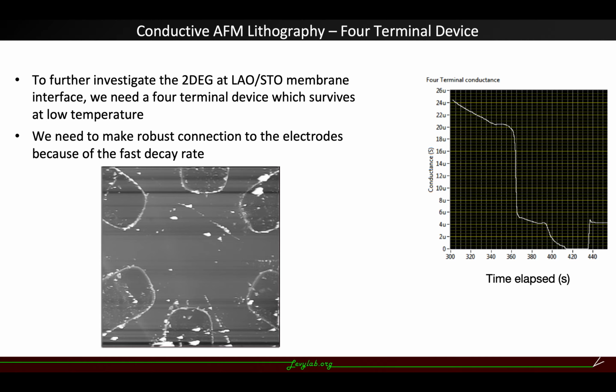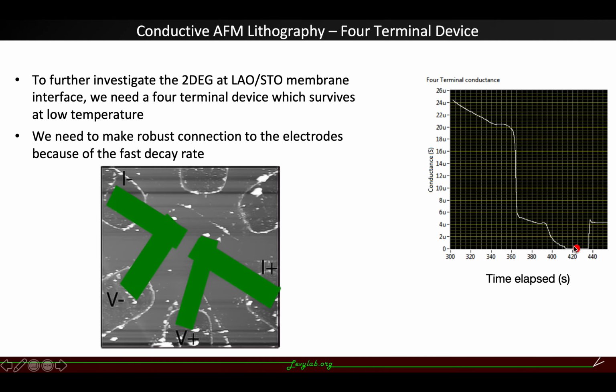And then we also want to investigate the low temperature behavior of the nanowires we write. So we make a device with robust leads which can be transferred into the fridge. First, we make this whole area conductive, and then we erase in the middle.